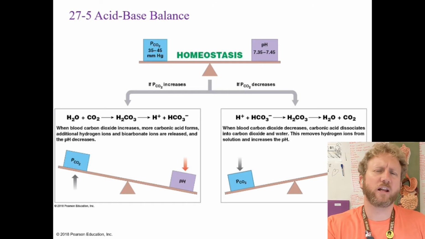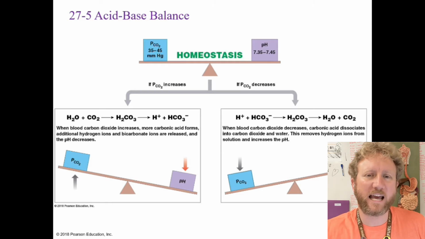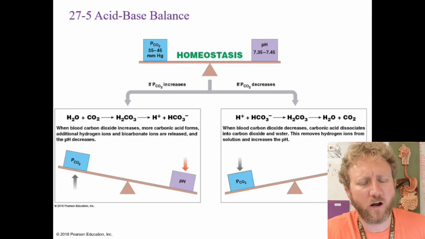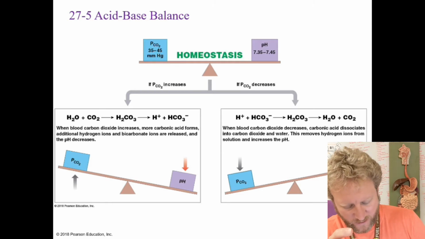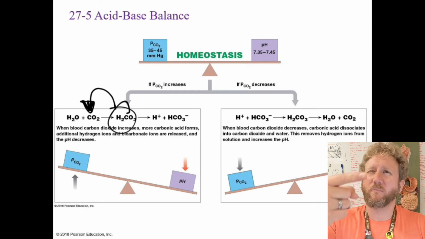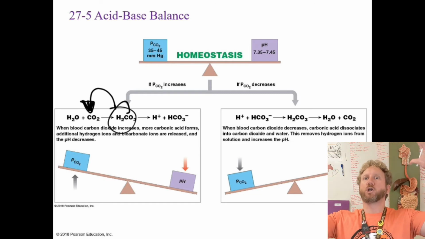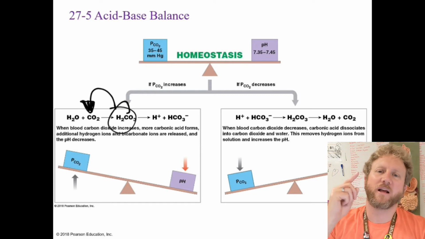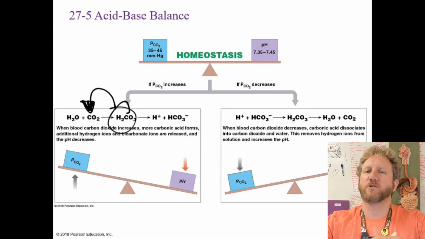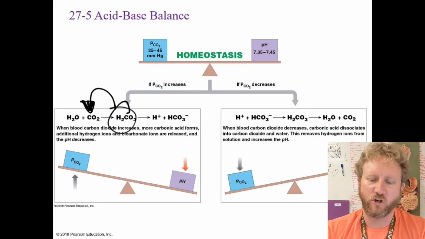In order to get more of those ions, you have to have more carbonic acid dissolved in your blood. In order to get more carbonic acid, you have to have more carbon dioxide dissolved in your blood. Now, if you have more carbon dioxide dissolved in your blood, that means you don't have enough oxygen in your bloodstream. That increases respiratory rate and heart rate to get that oxygen into your bloodstream.